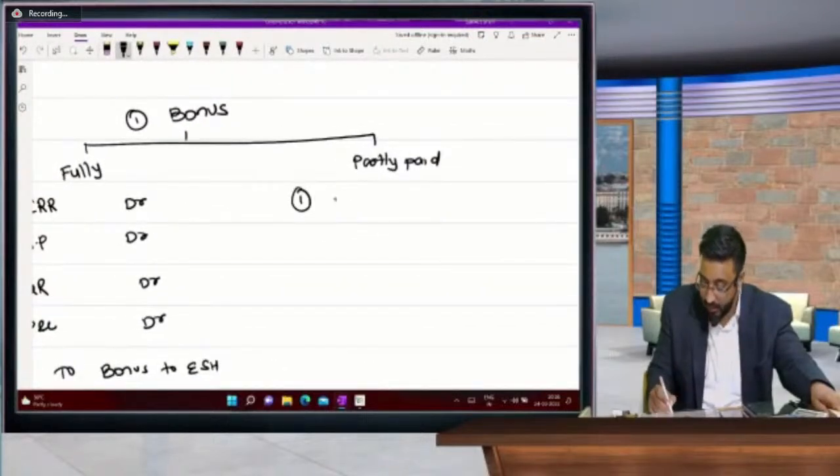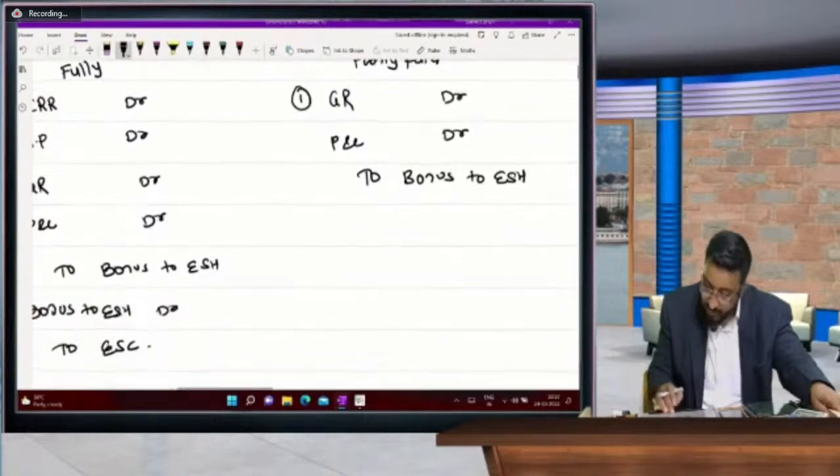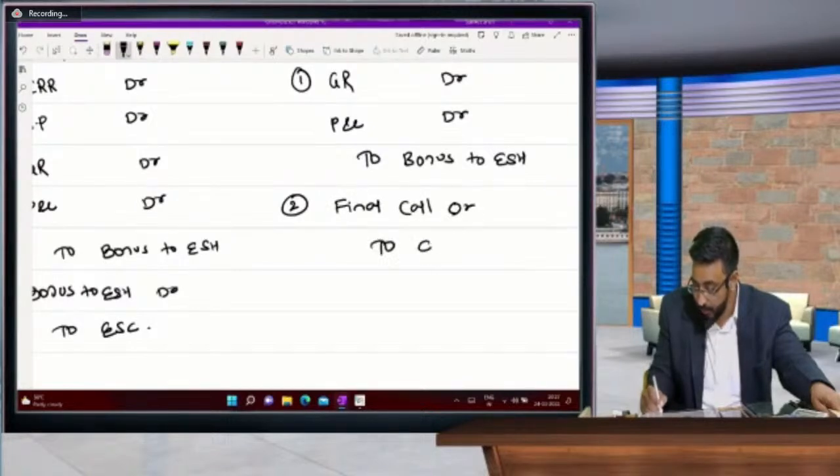Here 3 entries: general reserve account debit, P&L account debit to bonus to equity shareholders. Second entry will be bonus to equity shareholders, equity share final call debit to equity share capital.